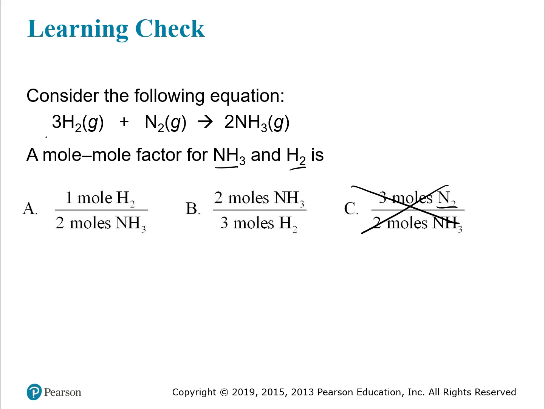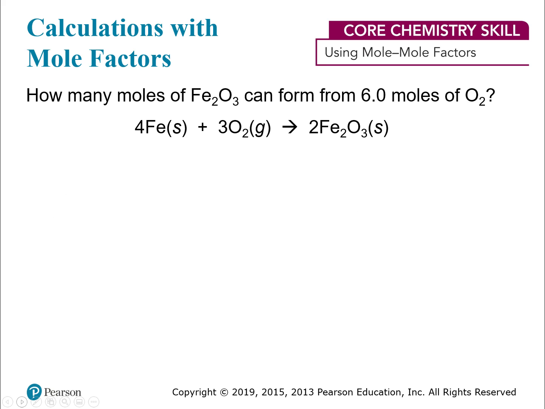Well, if you look at the equation, there's a 3 in front of the hydrogen gas, so it should be 3 moles, not 1. Can't be that. The only answer left is B. So that's a little bit of the reasoning that you can do without even having to write down the mole-mole factors. You will see something like that on your exam.